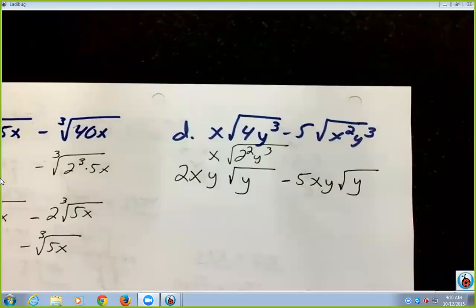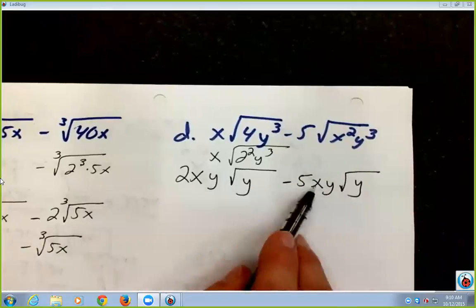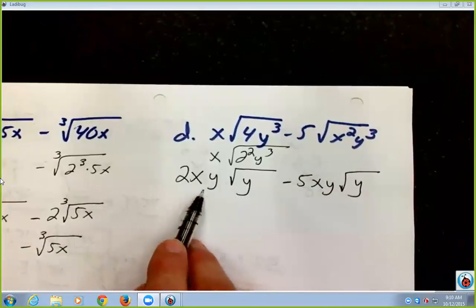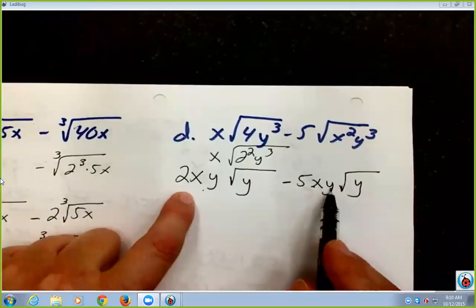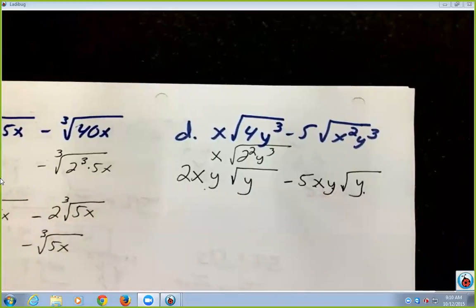Now when you check this thing, the letters out in front and the letter portions under the radicals have to match as well. So notice it's x and y, and under the radicals a y, so they match each other. Then the only thing that needs to be combined is the numerical coefficient piece.